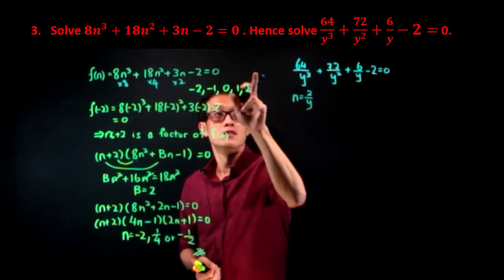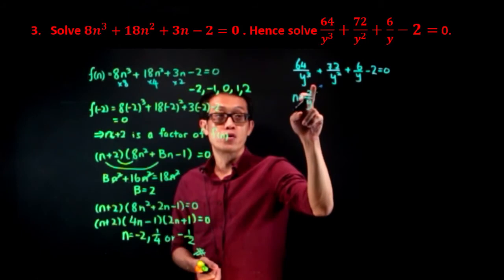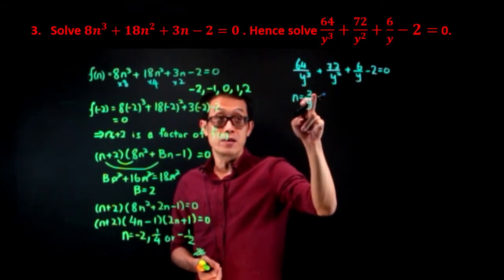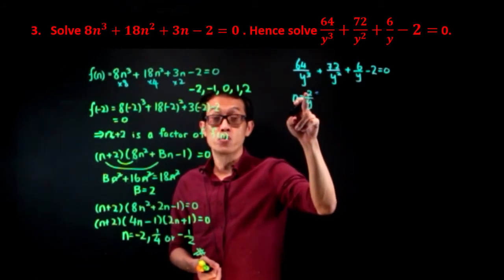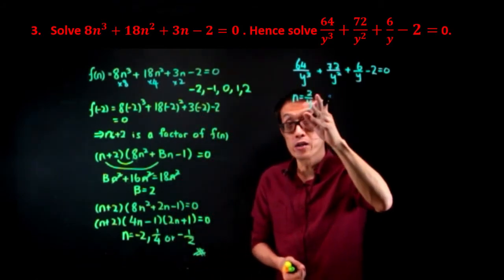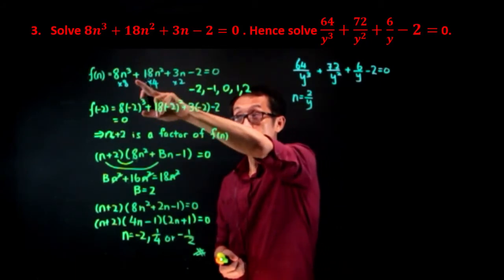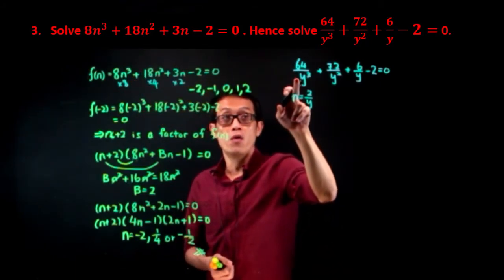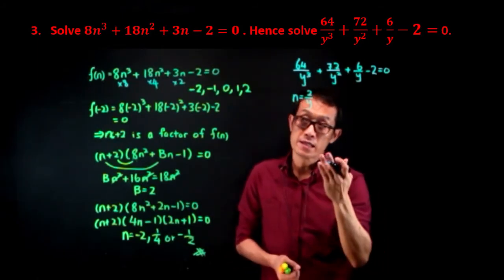Because now n cubed will be 8 over y cubed, since 2 cubed is 8. If n cubed is 8 over y cubed, you substitute in here and you will get 64 over y cubed.